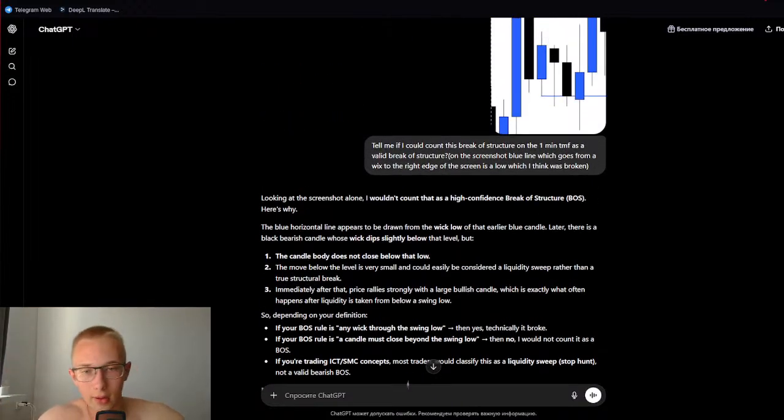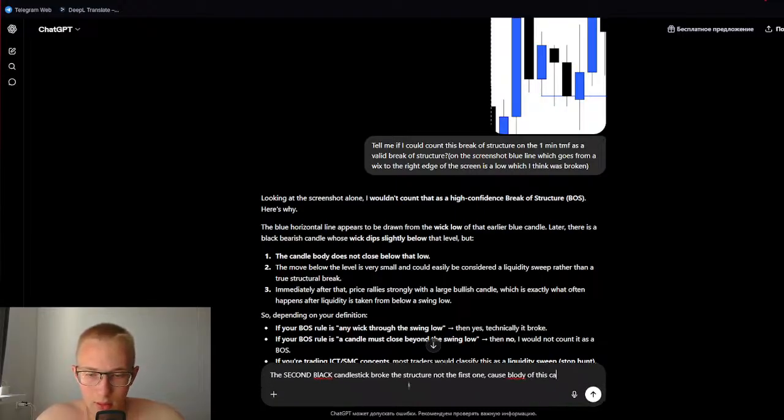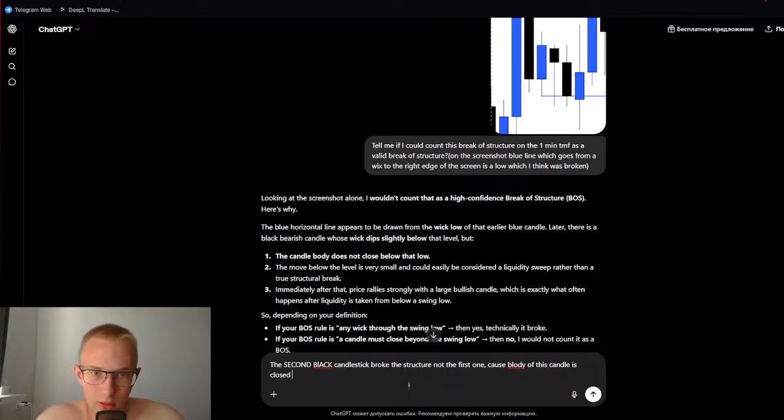No, I meant, bro, the second black candlestick broke the structure, not the first one, because the body of this candle is closed on the edge of the line, or slightly below it.